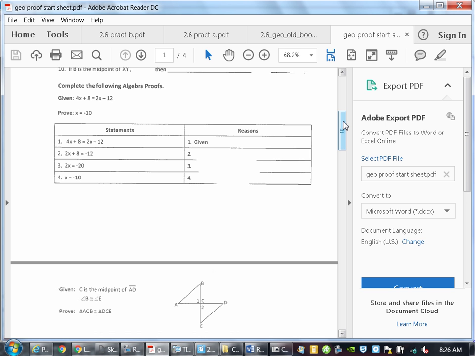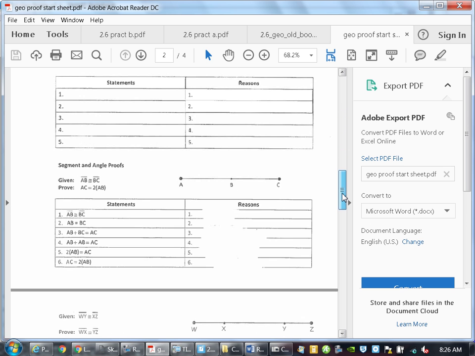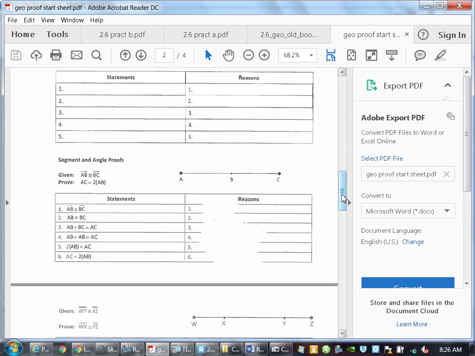I want you to do that first one, so we'll have the algebra proof for tonight. On the second page, I'd like to do the proof on the bottom. It's the segment one. The first one is the algebra proof. The second one is the segment proof.